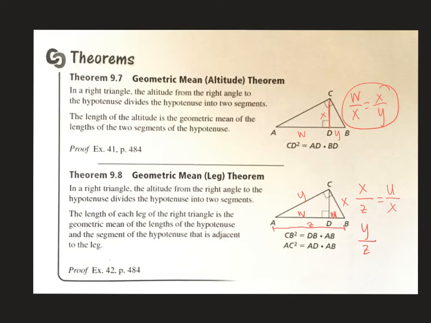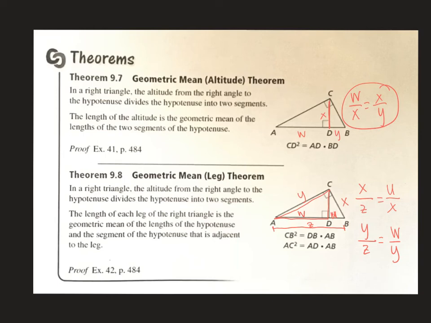Okay, so I did the longer side over the hypotenuse. So in this triangle over here, my longer leg is W over the hypotenuse, which is Y. So you're just setting up your corresponding sides.